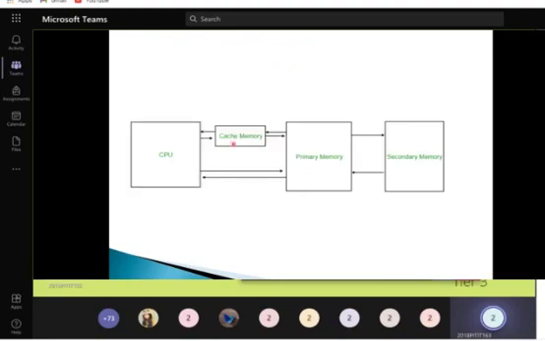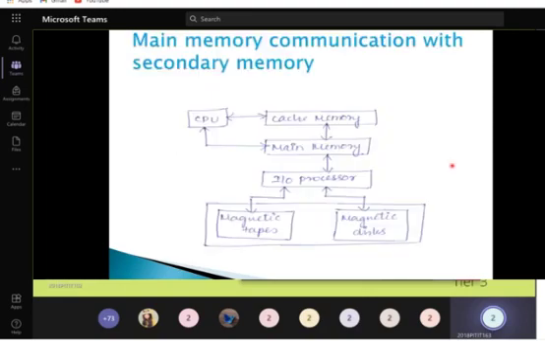So see here, I'm placing this cache memory between the CPU and the primary memory, and after this the secondary memory. So to speed up the process, I'm storing the data in this cache memory. So how does the main memory communicate with the secondary memory?